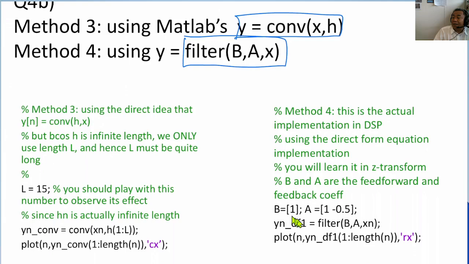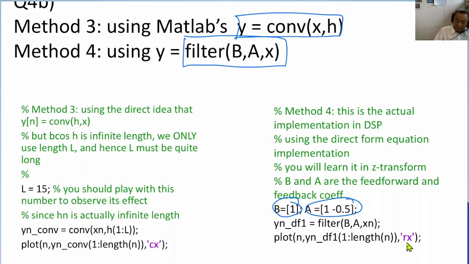Now B is no more the impulse response. You will see that later on in the Z transform, the B and A coefficients come into play. They are the difference equation realization. Please ignore this until the Z transform and come back and revisit this.